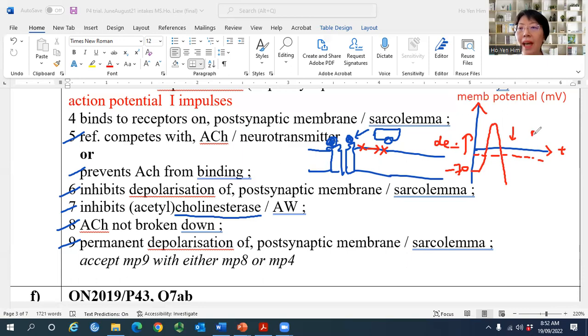This is a cyclic process. Then after that, it goes to this part here, called hyperpolarization. Then it returns to resting potential. So this is a process that occurs in a cycle.